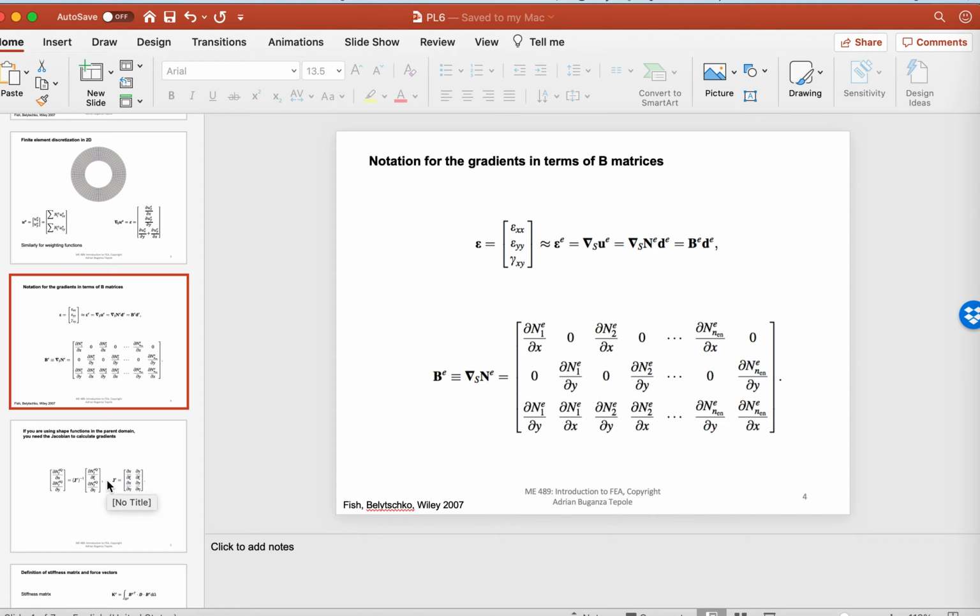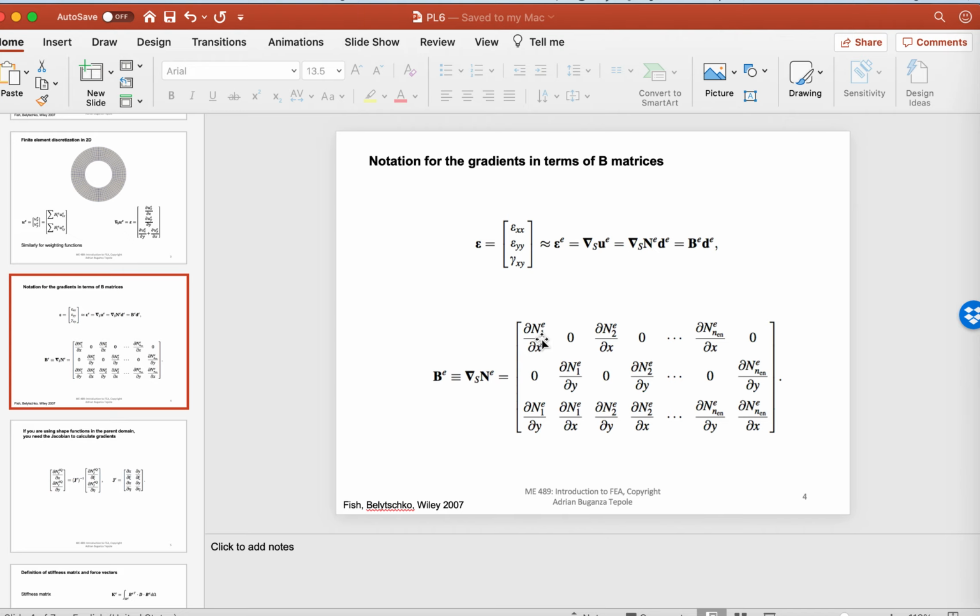There's one thing that is going to be different with respect to the triangle. For the triangular element, I had the shape functions directly in terms of x and y, so I could take these derivatives easily. I just took the derivative.